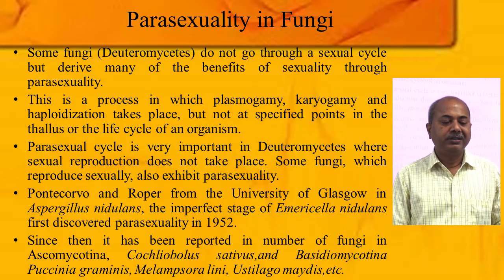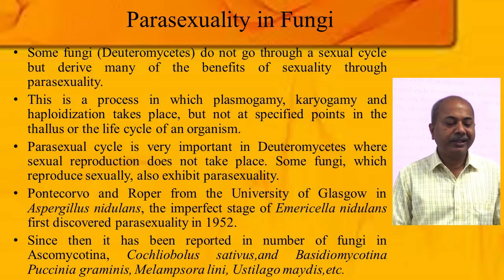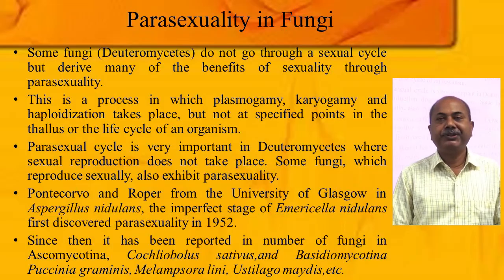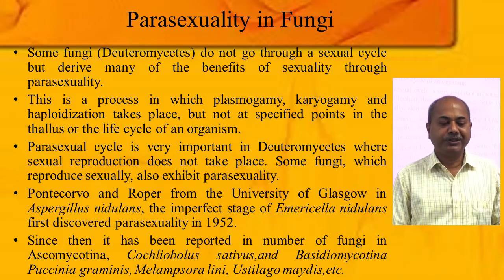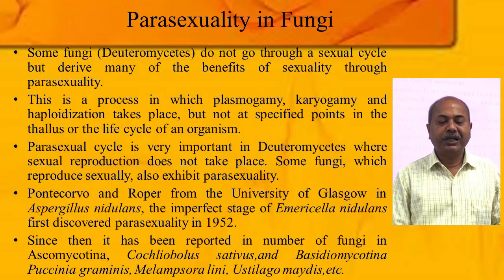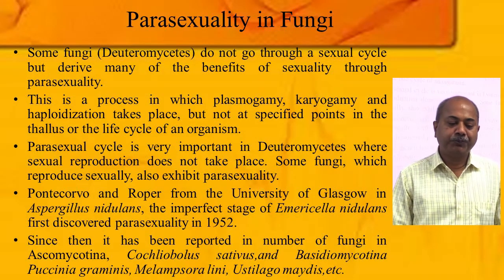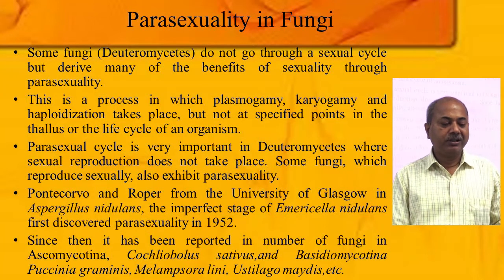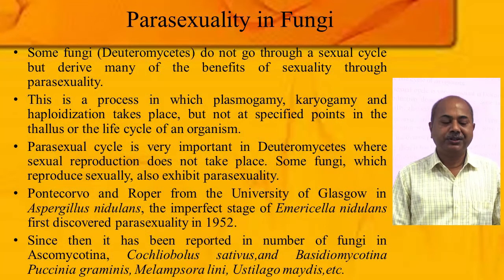Some fungi do not go through a sexual cycle but derive many benefits of sexuality through parasexuality. What happens in this? This is a process in which plasmogamy, karyogamy and meiosis, that is haploidization, take place, but not at a specified point of time in the thallus or in the life cycle of an organism.